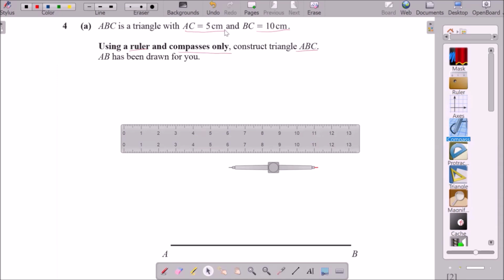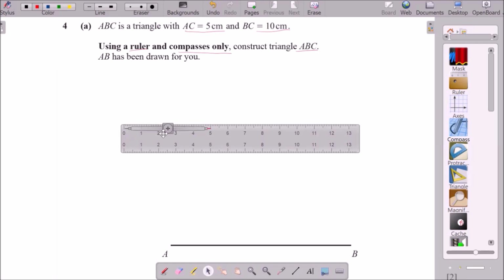What we want is AC and BC. So AC is 5 centimeters. We take our compass. Our needle point should be at 0 here. Then our pencil point should be at 5. So we have measured 5 centimeters there.